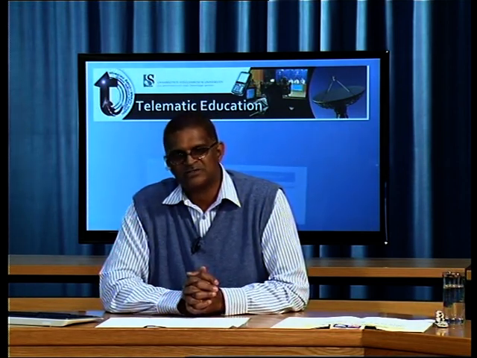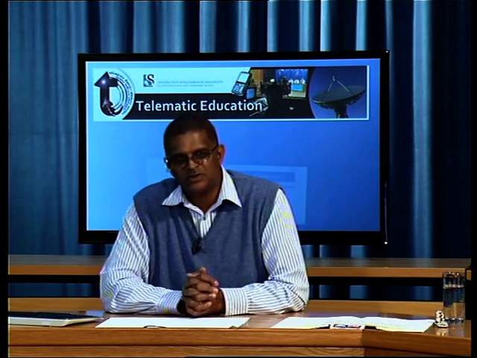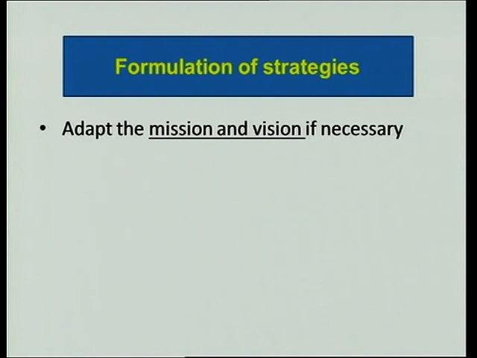If we've got no vision and mission, we then need to construct one, so that we can know where we are going and where we want to be. So that's the first thing when you formulate a strategy. Look at the mission and the vision and determine whether it's necessary to make changes to that.